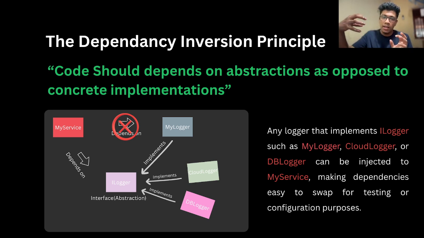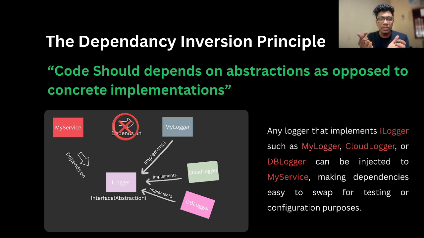It only expects an iLogger interface. So when there are three classes, MyLogger, CloudLogger and DBLogger, and they have implemented the iLogger interface, all three can be passed to my service depending on the need. Maybe in the dev environment a different logger, maybe in the cloud environment a different logger. You can pass any of these dependencies.